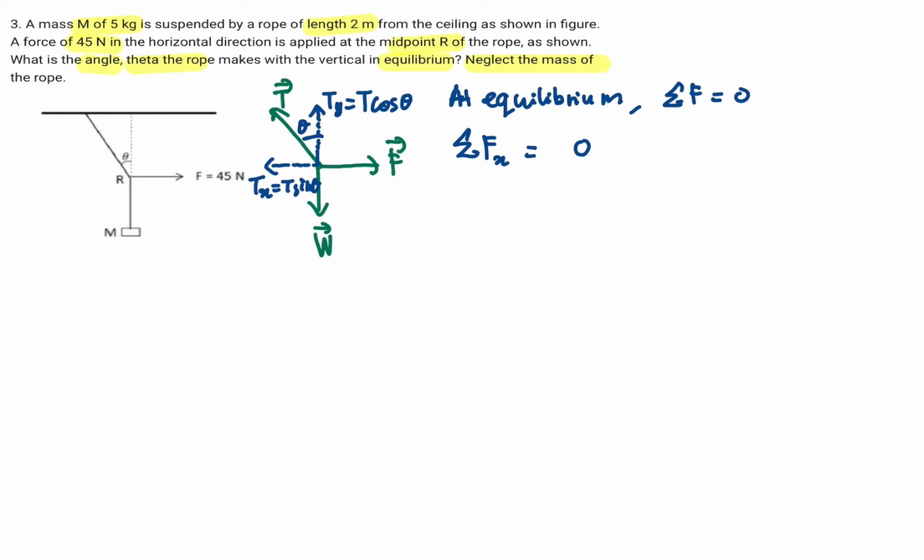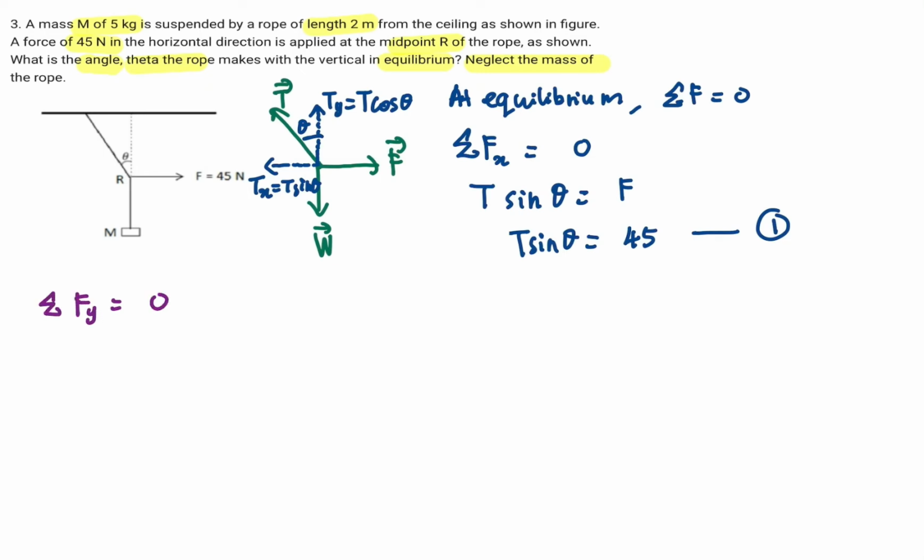So for the x component, T sin theta equal to F. So T sin theta will equal 45. So this will be the first equation, and the second equation we can get from summation Fy equal to 0.